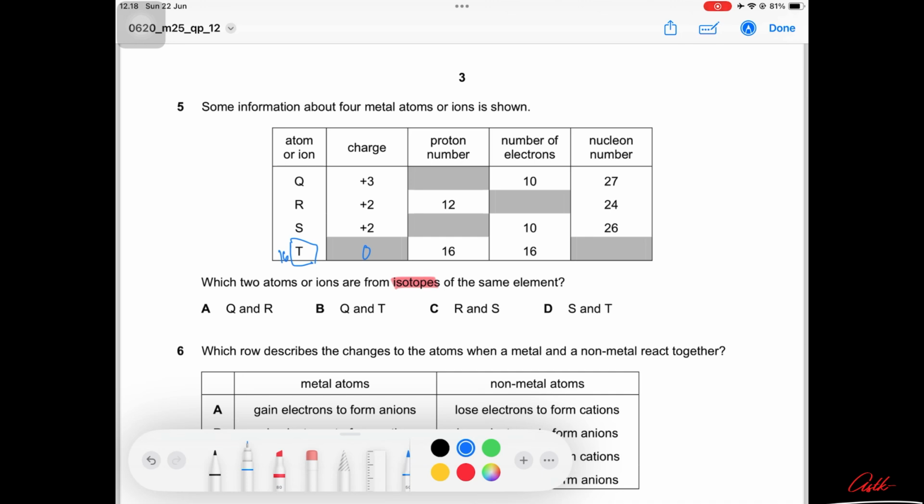In a normal atom, the number of electrons and protons will be the same, right? So by this we can determine the atomic number of R is 12. Okay, and the number of electrons will be 10 because the charge is +2. Okay, next go to atom S.